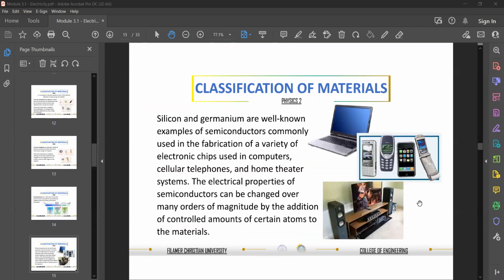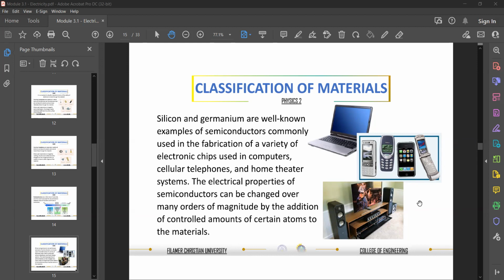So silicon and germanium are well-known examples of semiconductors commonly used in the fabrication of a variety of electronic chips. Mostly used in computers, cell phones, mga appliances natin. And the electrical properties of semiconductors can be changed over many orders of magnitude by the addition of controlled amounts of certain atoms to the material.